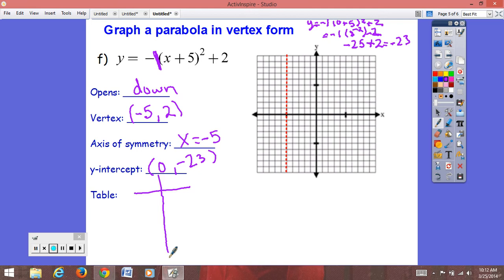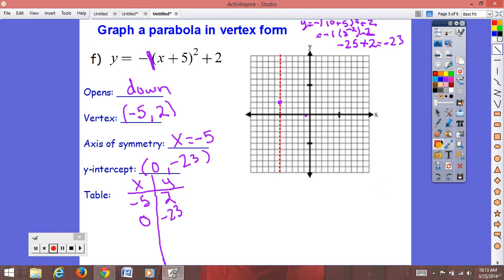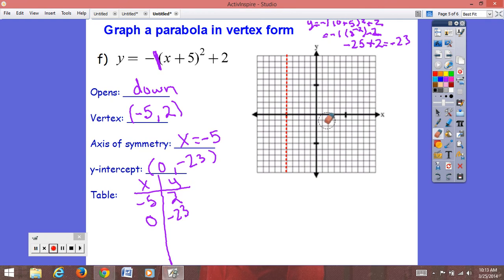Make our table. x, y, -5, 2, 0, -23. We're going to have to go by 3, so I'm going to go ahead and erase my vertex for now.